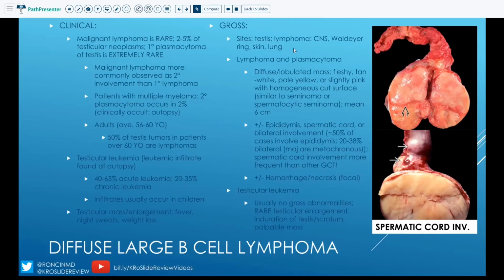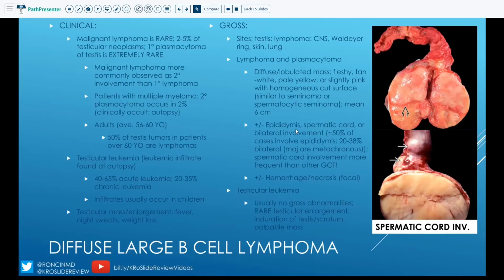Lymphoma and plasmacytoma tend to be these diffuse lobulated masses that are very fleshy or tan white with a very homogeneous cut surface. So we want to think about seminoma, or you can think about things like spermatocytic seminoma, and these average about 6 centimeters in size. There may or may not be involvement of the epididymis, spermatic cord, or the contralateral testes, so bilateral involvement.